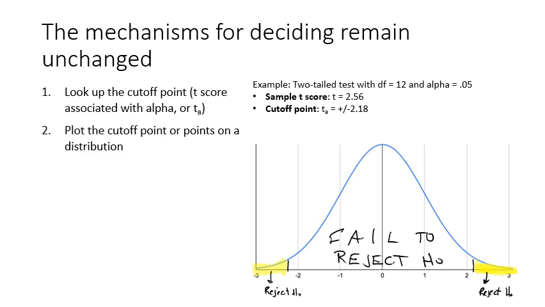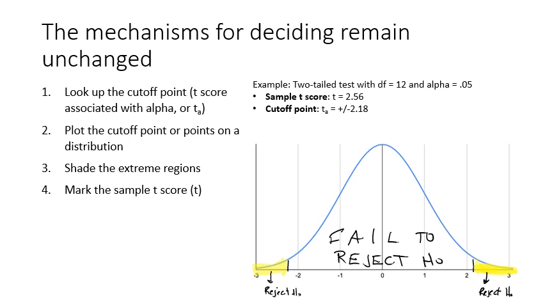So continuing on, we then plot the cutoff point or points on a distribution, which we've just done. We shade the extreme regions, which we've done, and next we mark the sample t-score. So in this case, our sample t-score is 2.56.